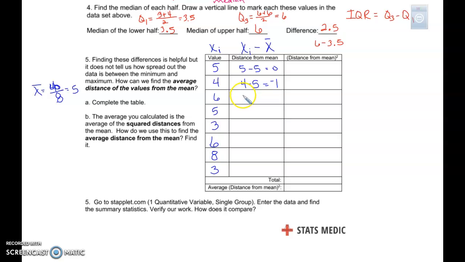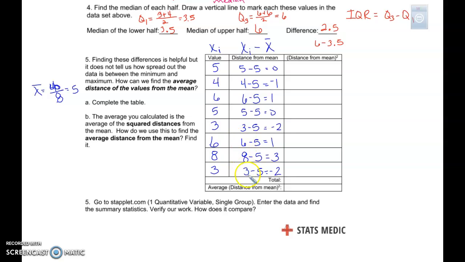Then 6 minus 5 to get 1, 5 minus 5 to get 0, 3 minus 5 to get -2, 6 minus 5 to get 1, 8 minus 5 to get 3, and 3 minus 5 to get -2.